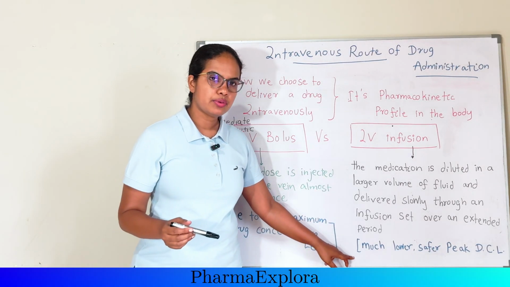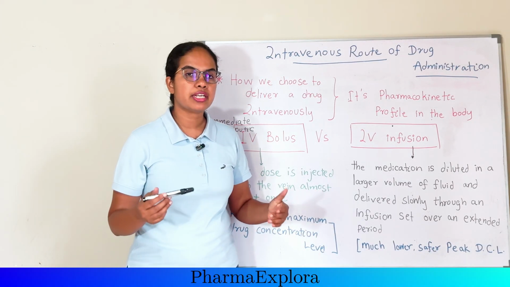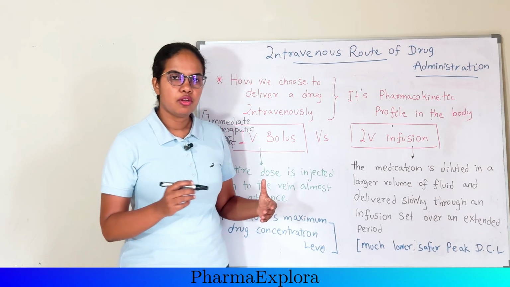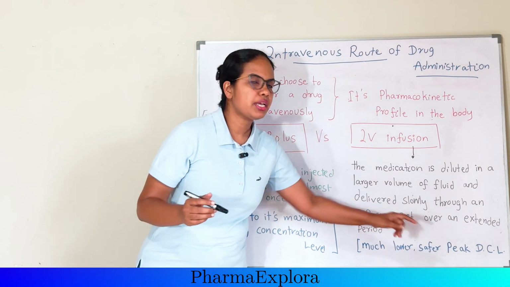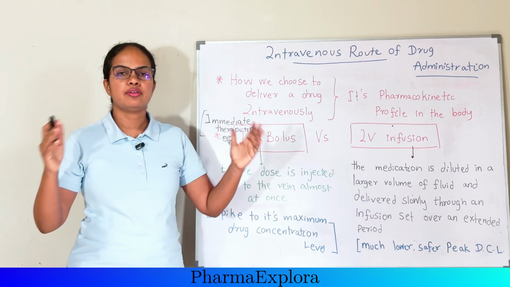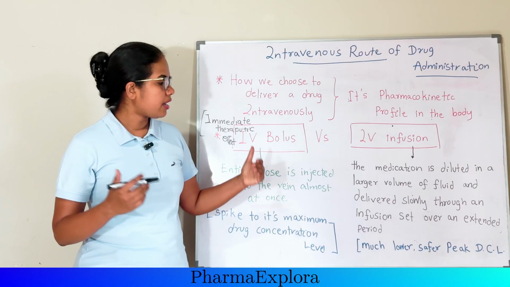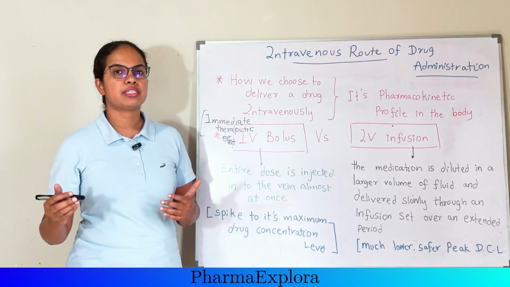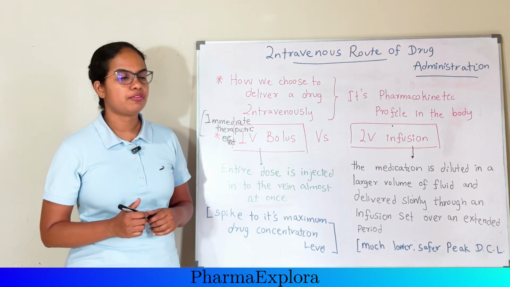So there you cannot expect a sudden increase. You will expect a lower, safer peak drug concentration level. Why? The medication is diluted in a large volume and delivered slowly through an infusion set over an extended period of time.